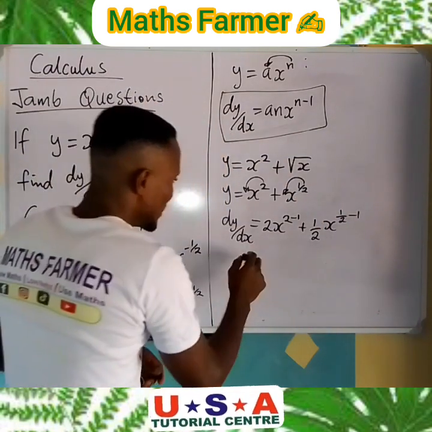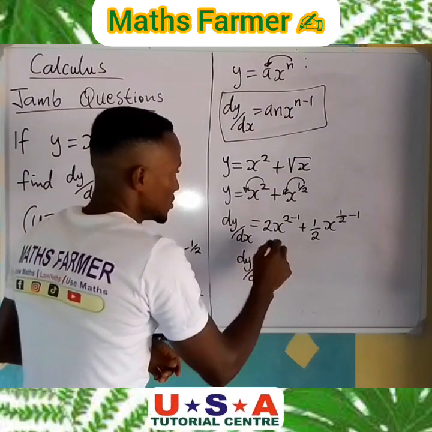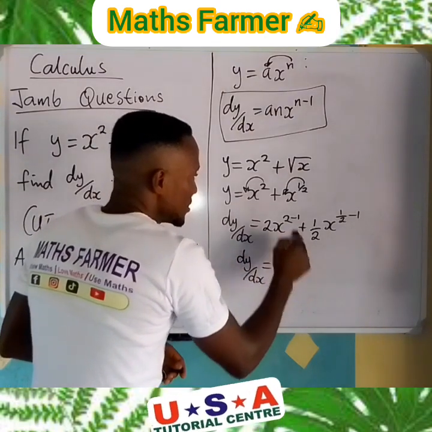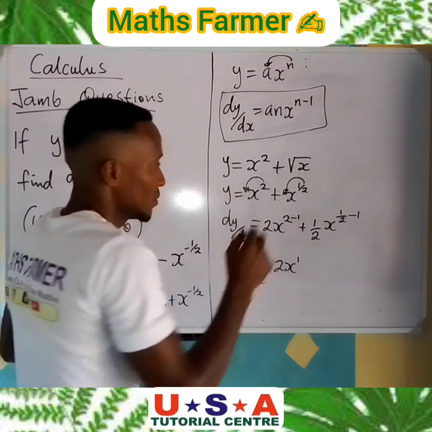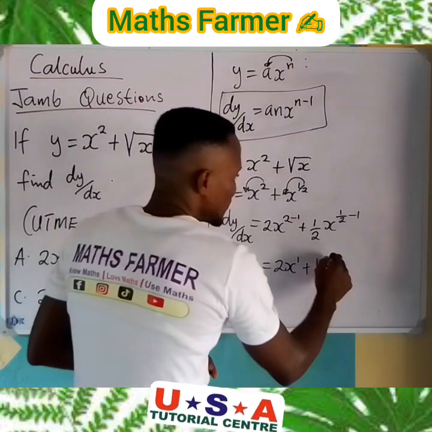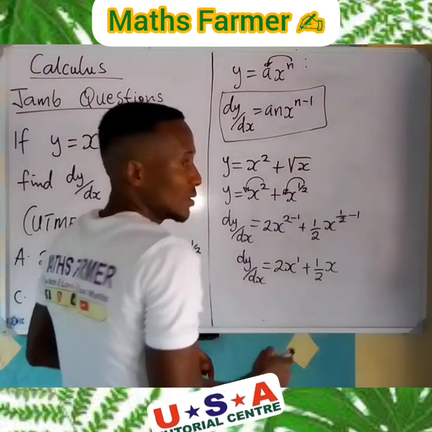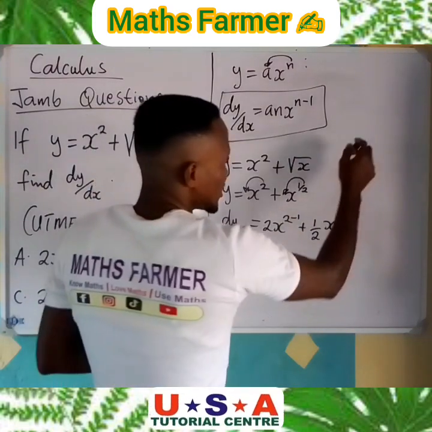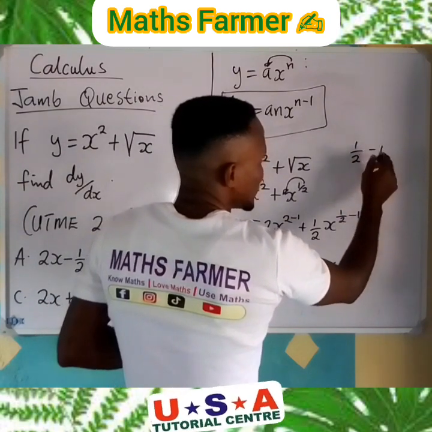So now, if you move again, dy dx is going to be equal to 2x. 2 minus 1 is going to give us 1. Plus 1 over 2. Now we have to solve this half minus 1. What is it going to give us? Watch here. What you have here is a half minus 1. Let's solve.